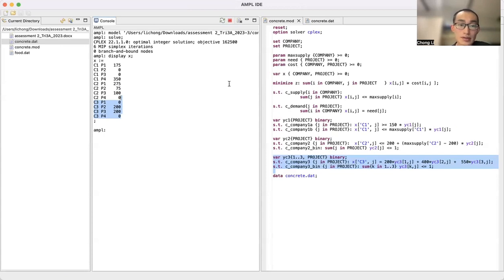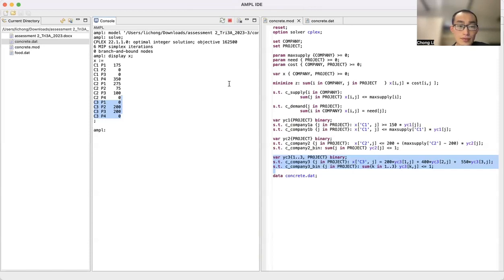It is constrained with X, so company 3 provides 200 units of concrete to the project.